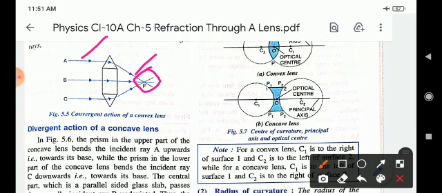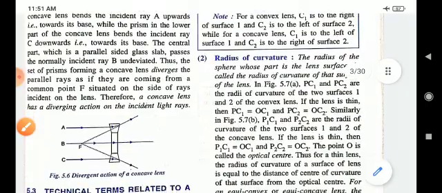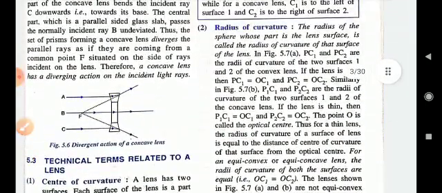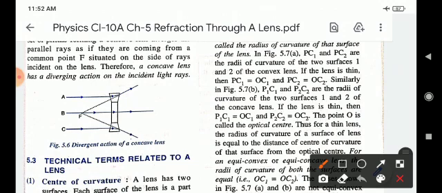Now we consider the diverging action of a concave lens. Here, in this figure, the prism in the upper part of the concave lens bends the incident ray A upwards, towards its base, while the prism in the lower part of the concave lens bends the incident ray C downwards.